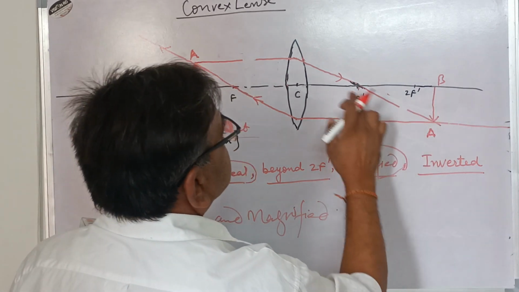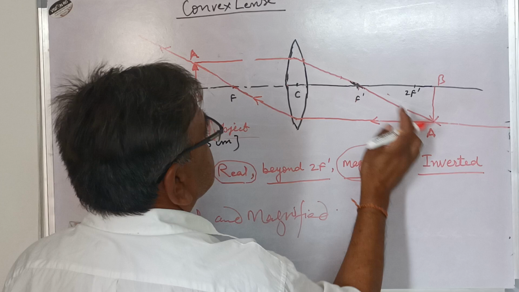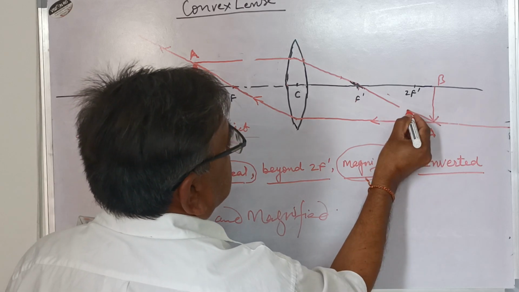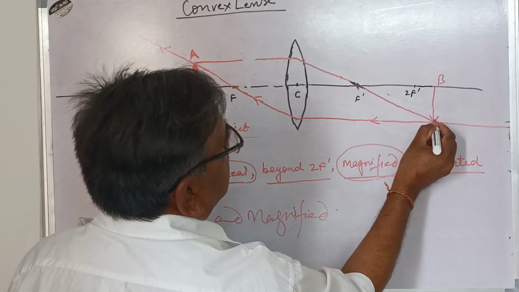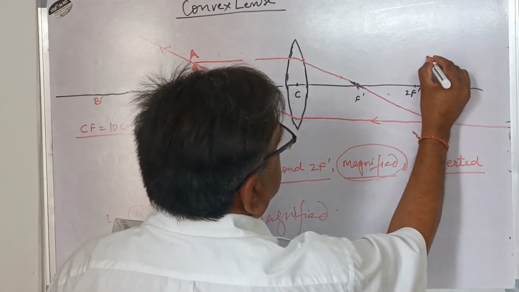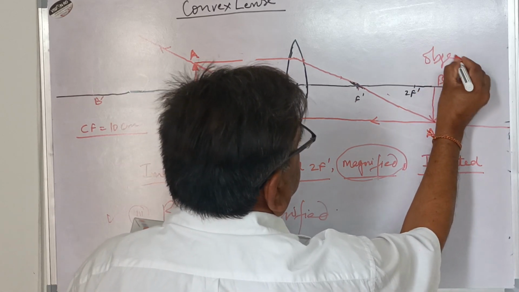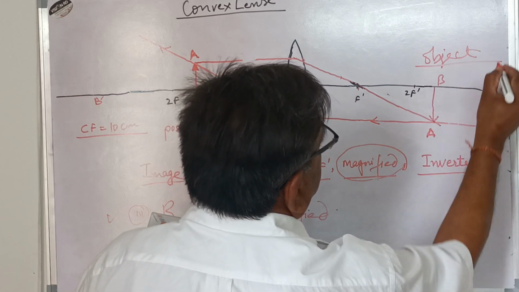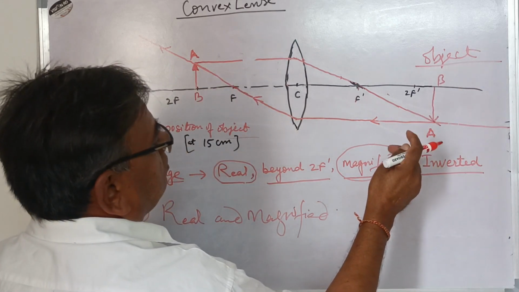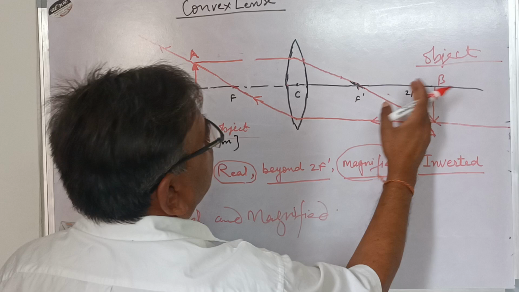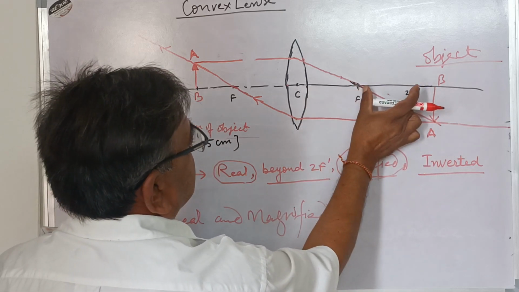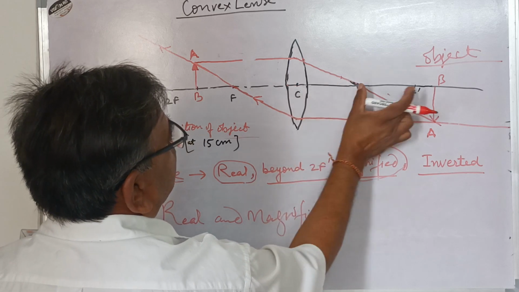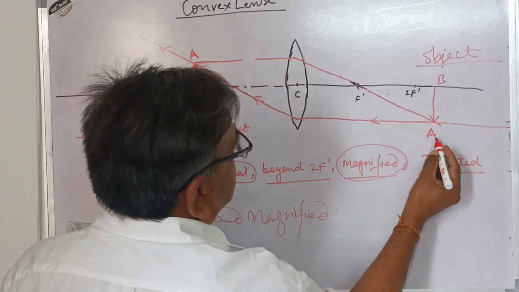Second ray. Take the second ray, starting from the head of the object. Now I am taking the reverse thing to solve that question. The object is put beyond 2f, at 25 centimeter. This is 10, this is 10, focal length is 10, so 2f is 20, and it is beyond 20.